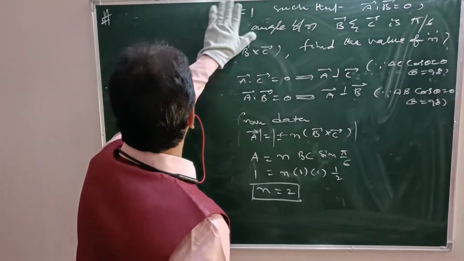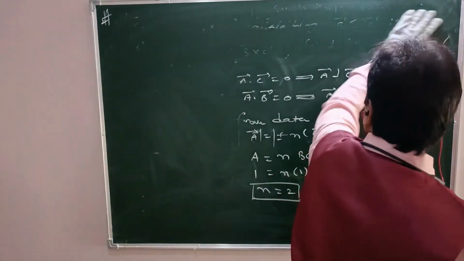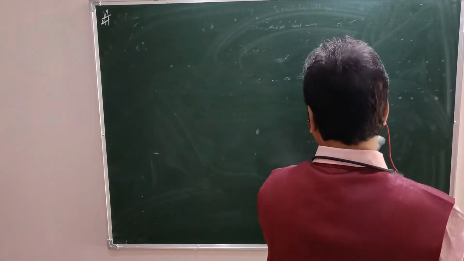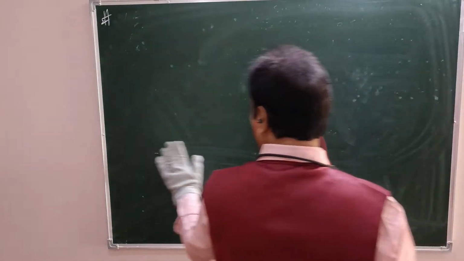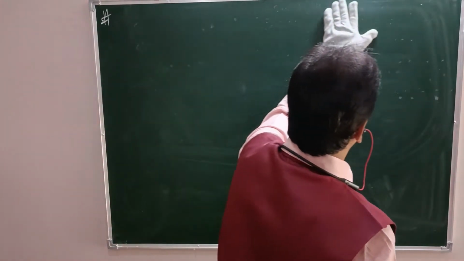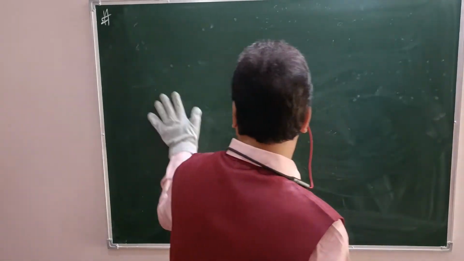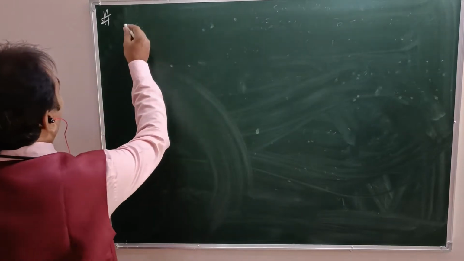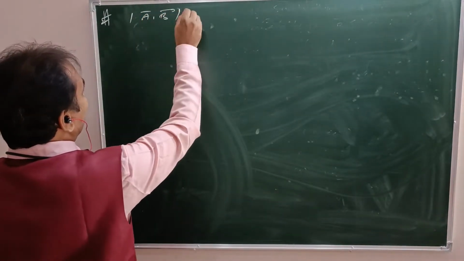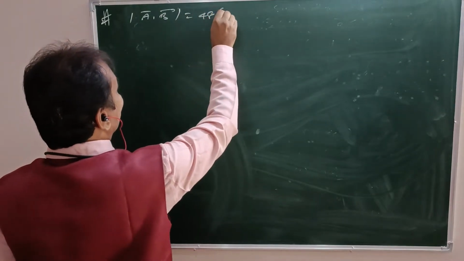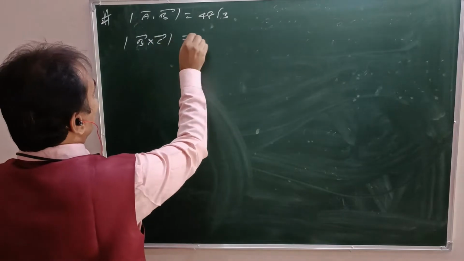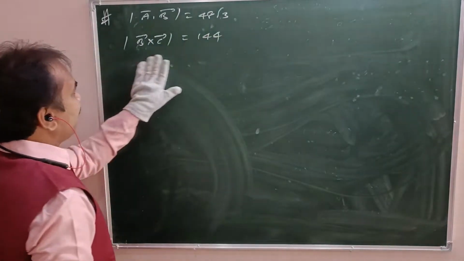Now coming to the next one. Suppose you are given the magnitudes of cross product and dot product of two vectors, right? Suppose mod A bar dot B bar equal to 48 root 3, mod A bar cross B bar equal to 144, right?